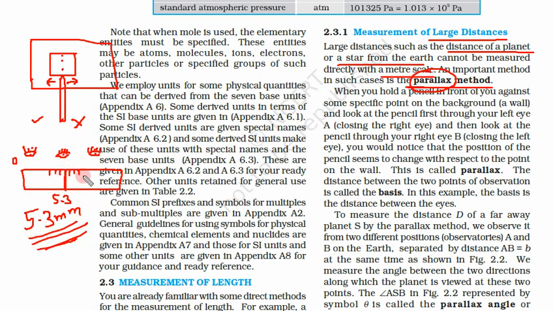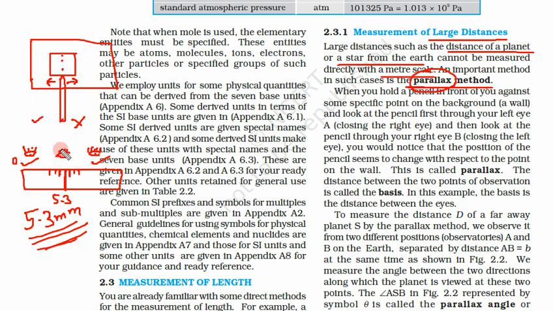This distance is accurately measured. But if you see from left or right, you will make a mistake in measuring the distance. You will make an error. If you see from left, you will measure a lower distance, let us say up to 5.2. If you see from right, you will measure a little bit more distance.